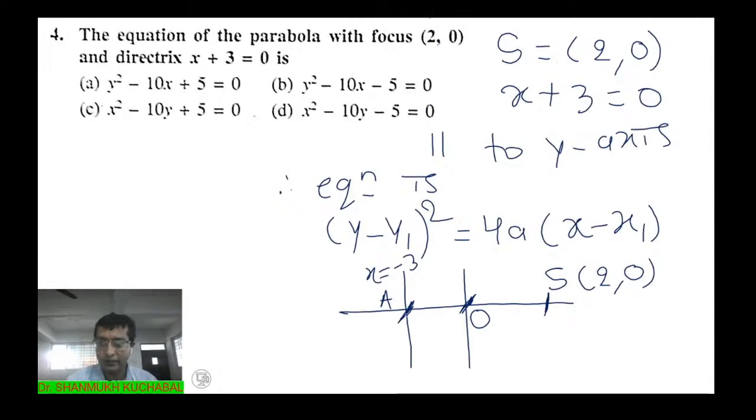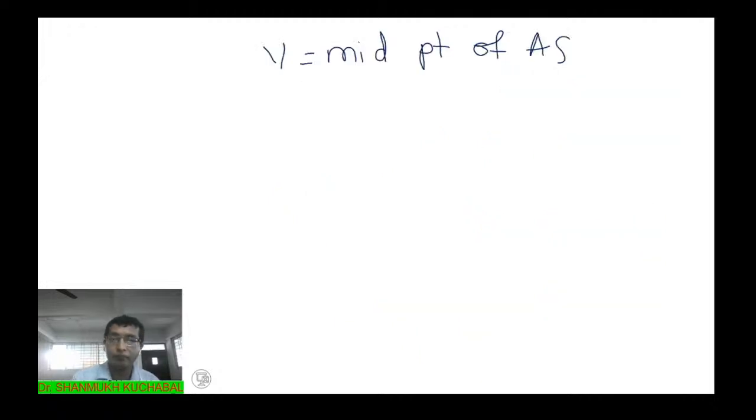A is over here, S is here. For the midpoint, we add the corresponding x coordinates and divide by 2, and the same for y. So we get the midpoint as minus 1 by 2 and 0. These points we call x1 comma y1.